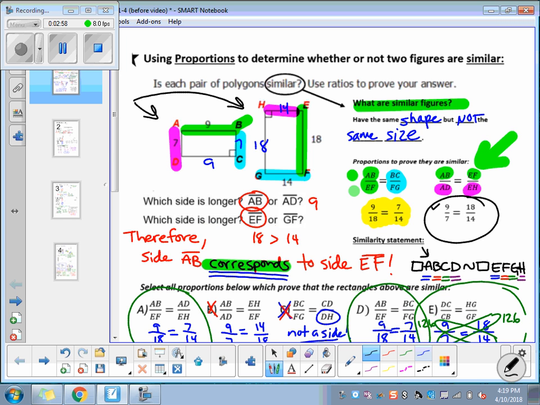AB is side length 9, AD is side length 7, EF is 18, and EH is 14. And for this one, I see a scale factor right there. And since this is a true statement, we know it's a proportion, which means these are the sides of a similar set of rectangles. Okay?